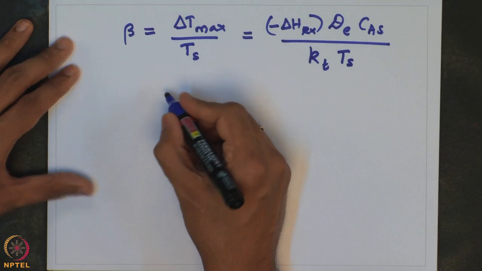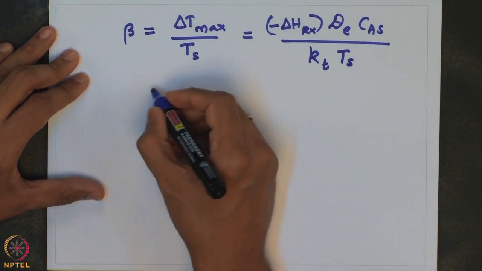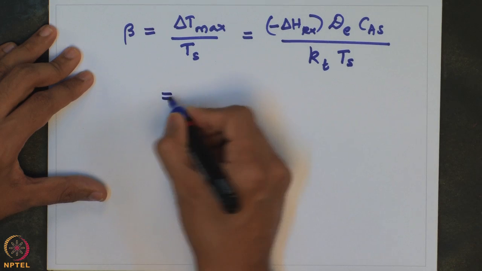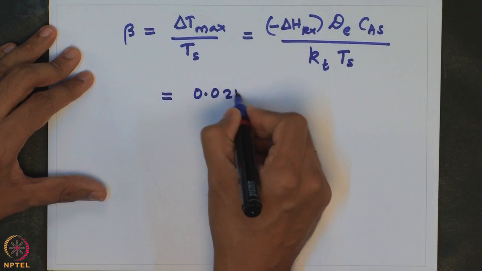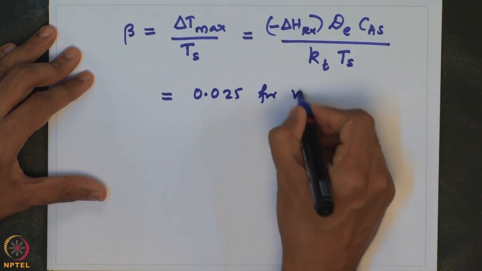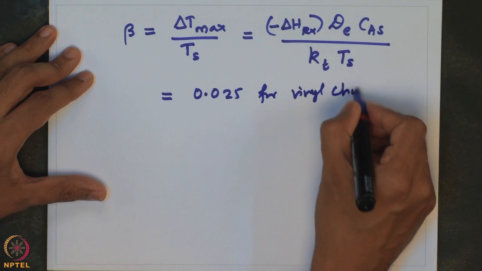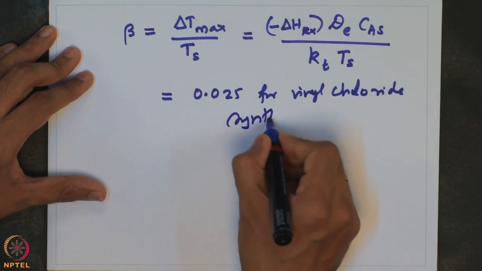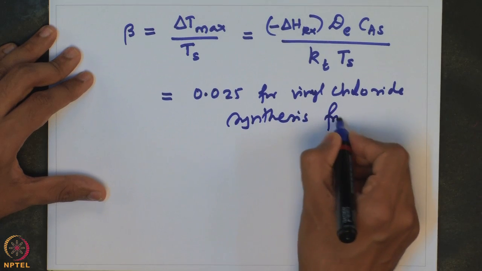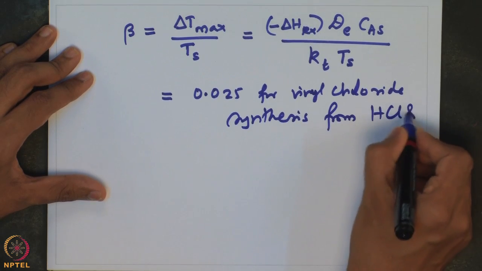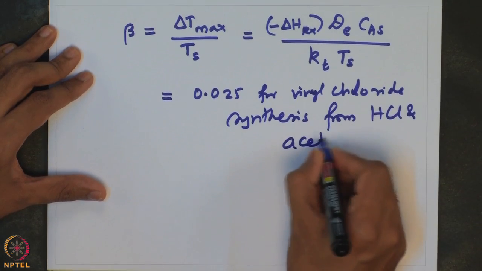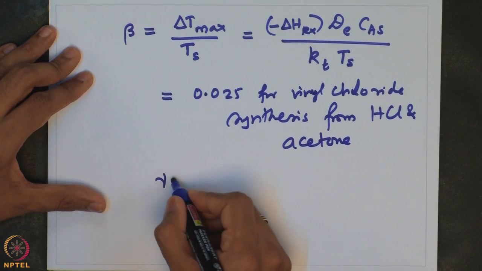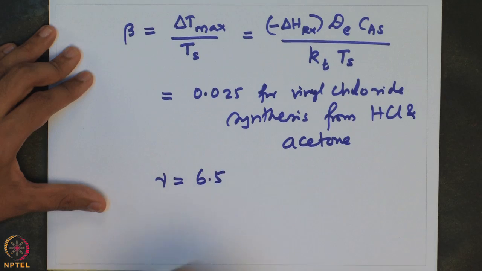This typically has a wide range for exothermic reactions, and it is approximately 0.025 for vinyl chloride synthesis from HCl and acetone, and the corresponding value of gamma is approximately 6.5.